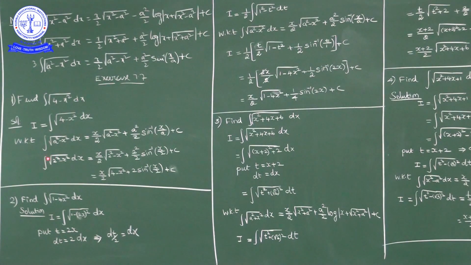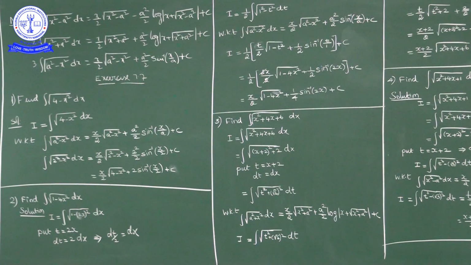So integral of square root of 2 square minus x square dx is equal to what? x by 2 into square root of 2 square minus x square plus a square by 2, a square is what? 2 square by 2 into sin inverse of x by 2 plus c. Okay. So x by 2 into square root of 4 minus x square plus 4 by 2 into sin inverse of x by 2 plus c.